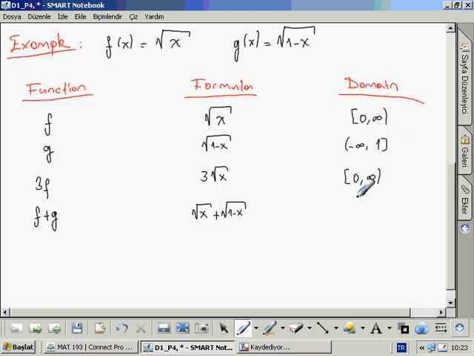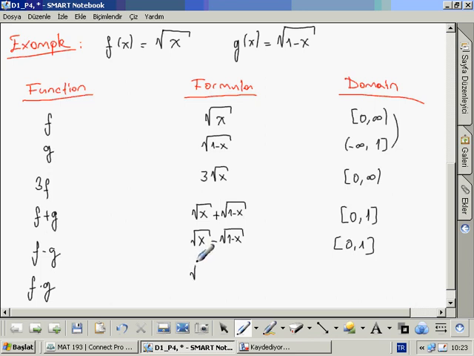We can say the intersection of both domains, and this will be 0 to 1 closed interval. And f minus g will be square root of x minus square root of 1 minus x, so the domain will be the same. And f times g will be square root of x times 1 minus x, and the domain will be the same again.